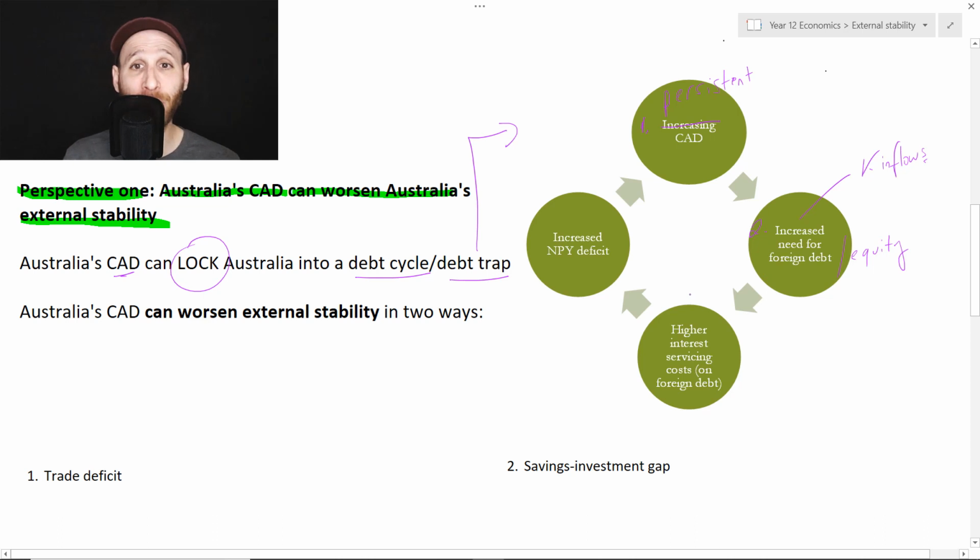But as we know, inflows create outflows on the balance of payments, and we're going to get high interest servicing costs on foreign debt, plus higher equity servicing costs, so in the form of profits and dividends. So those outflows are going to increase the NPY deficit, which is going to lead to an even more enduring current account deficit.